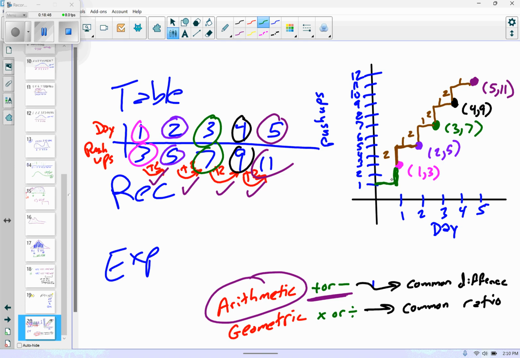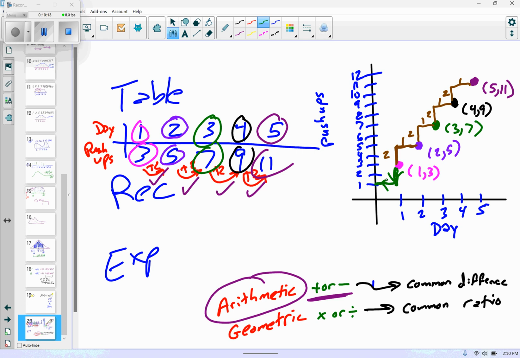What do you think? Can this happen? Rather than going from that point up and right, can I go down and left? You think this could happen? And if so, what would this point be right here?